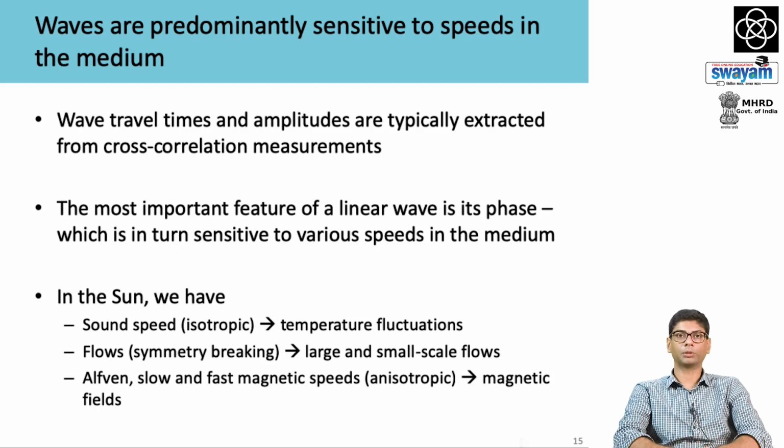There are three different types of waves, all propagating at different speeds and with different group and phase velocities, and in principle we can also infer this from the wave propagation properties. These are the three types of broad speeds that we have for waves in the sun, from which we infer sound speed, flows, and magnetic fields inside the interior.